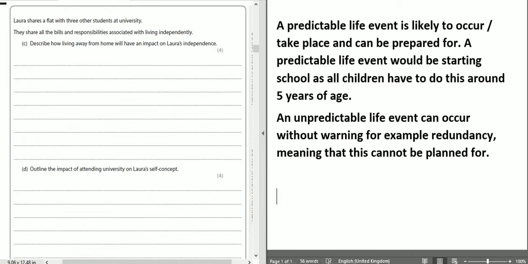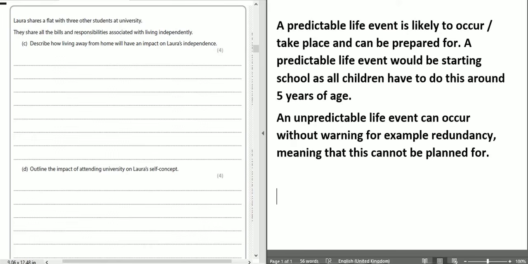Questions about an individual's self-concept or factors affecting self-concept have come up in the sample paper in 2017, both papers of 2018, and also in the 2020 paper. I think it was the January 2020 paper. So again, a few times self-concept has appeared in recent exam papers.